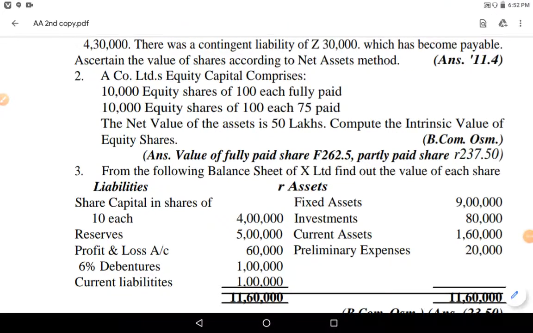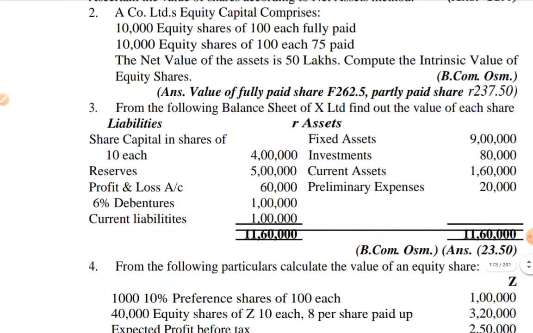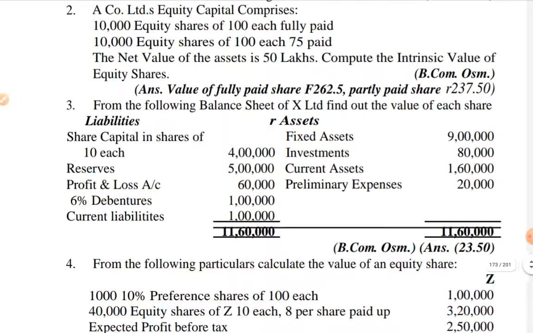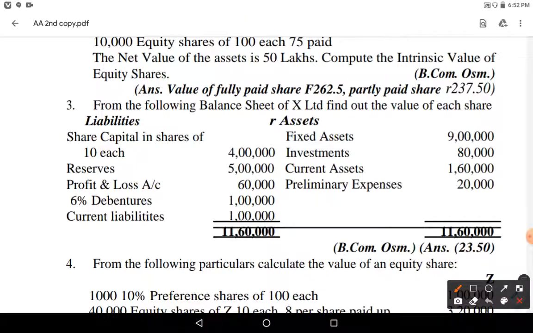There is one more question here, question number 3. We will finish this one also very quickly. From the following balance sheet of X Limited, find out the value of each share.